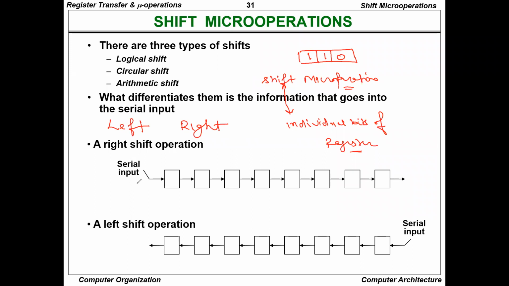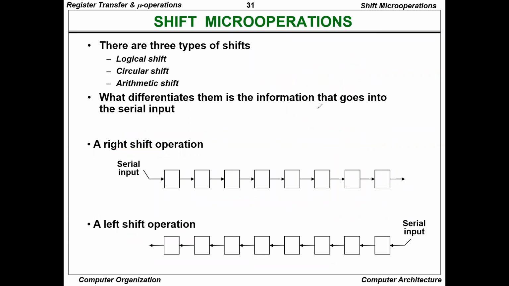Okay, here it is shown that when we move right, all the bits are moving towards the right side. When I am saying left shift operation, then all the values are moving towards the left. So let's see an example of the same. For example, 1, 1 and 0. If I apply the left shift, then this 0 will come here, this 1 will come here, and this 1 will be lost.